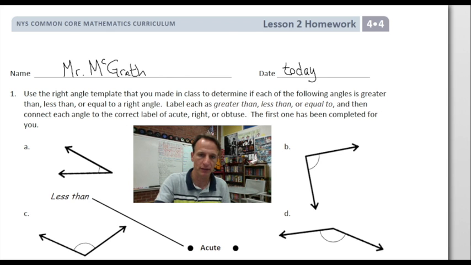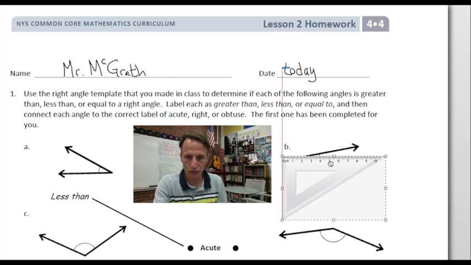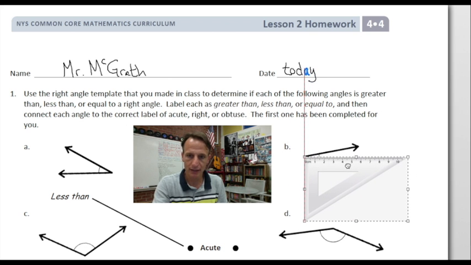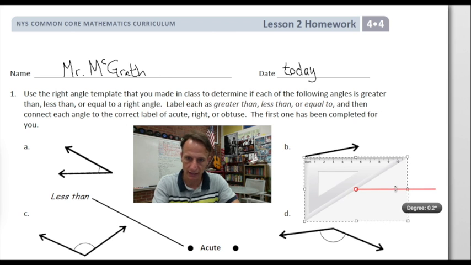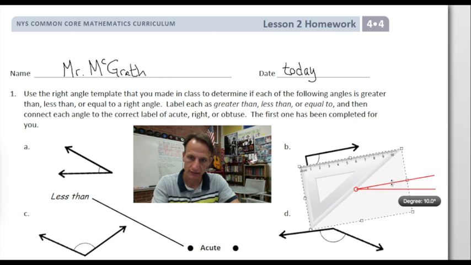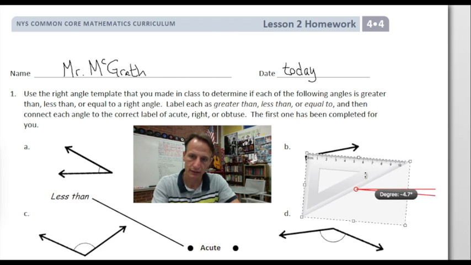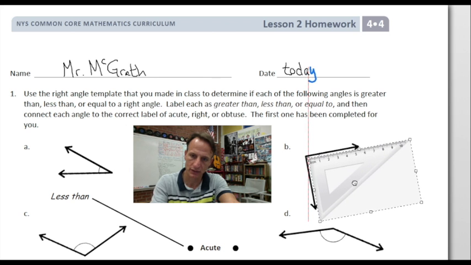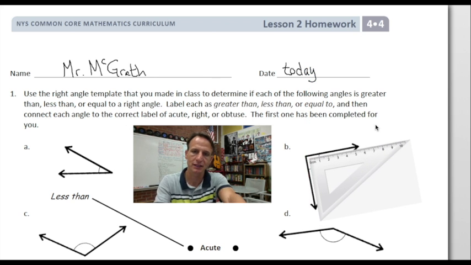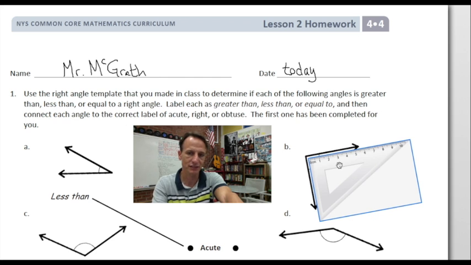I'm going to grab this dealio here, my little triangle square, and bring it over to angle B, line up the vertex, and now I'm going to rotate it. Okay, there we go. And then put it in the corner there, and you can see, is that greater than, less than, or equal to a right angle?